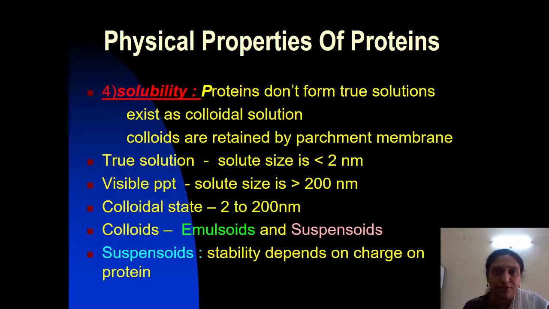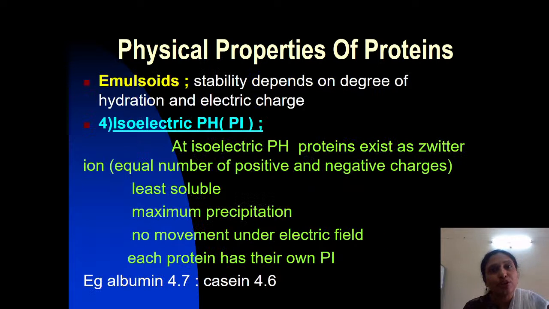And we know colloids are of two types, emulsoids and suspensoids. Suspensoids means their stability depends on the charge on the surface of the protein, and emulsoids means the stability of these proteins depends on both the degree of hydration, that is the shell of hydration, and the electric charge.